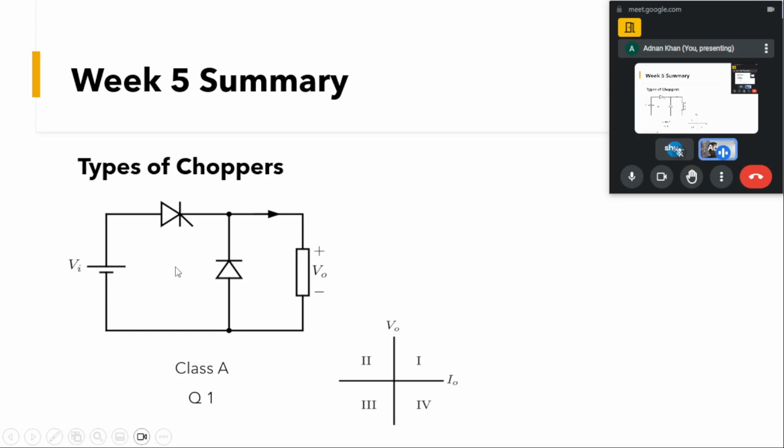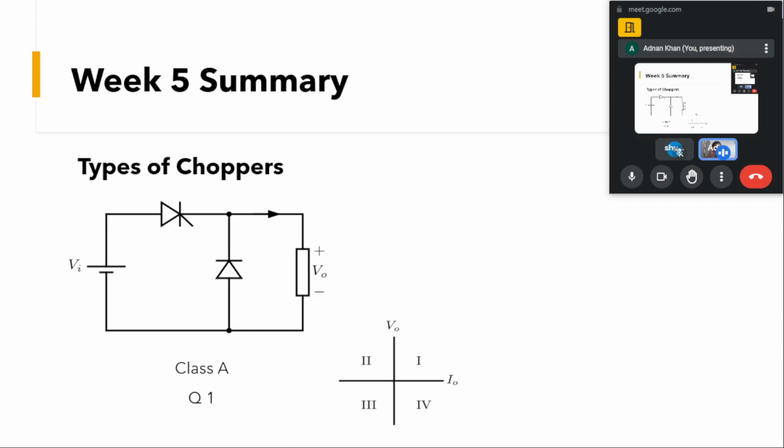Take a buck converter: if we have a 100-volt input, we may want 10 volt, 20 volt, 50, 70, a variable voltage at the output. A chopper is a static device by which we are able to have a variable voltage at the output.